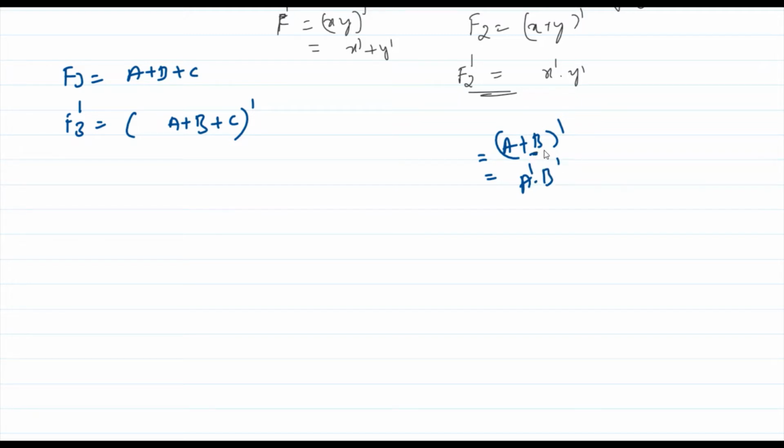Wherever the OR operator is there, we interchange it into AND, and wherever AND is there, it is interchanged into OR, and each literal is complemented. So to solve this, I can use Boolean postulates or some basic theorems.